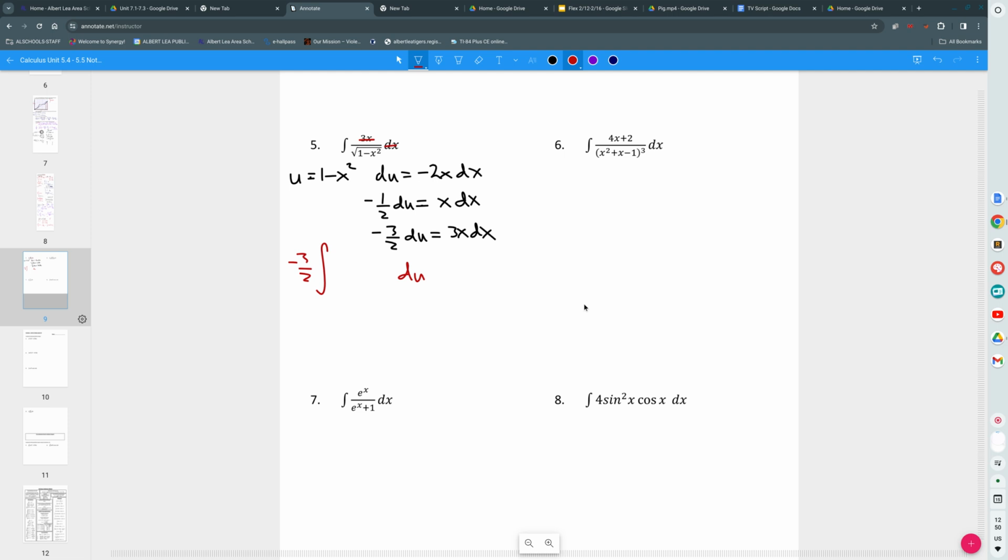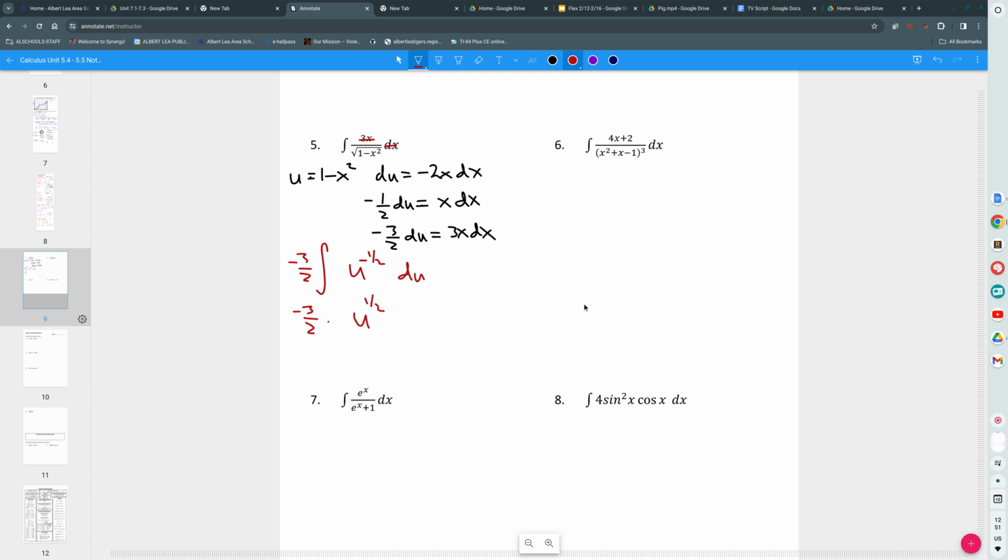What remains? 1 over u to the 1/2, or u to the negative 1/2. So it would be 1 over the square root of u. Okay. And so I have negative 3 over 2 times, what is the antiderivative of u to the negative 1/2?